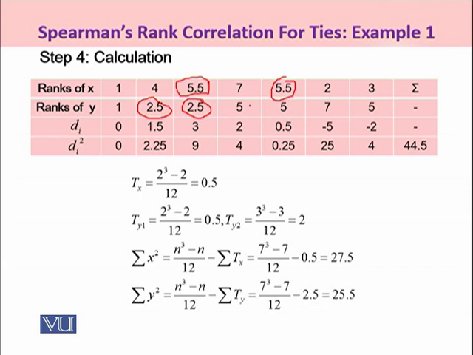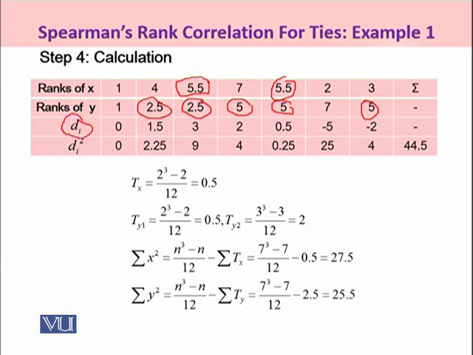Moving forward, these three observations were identical. So rank 4 was assigned to this value, 5 to this and 6 to this value. By taking the average of these three, we assigned a rank of 5 to all these three identical observations.